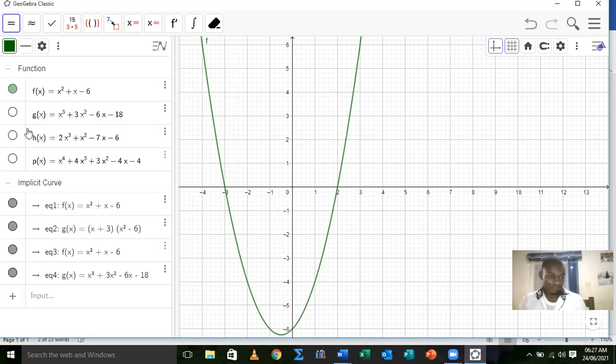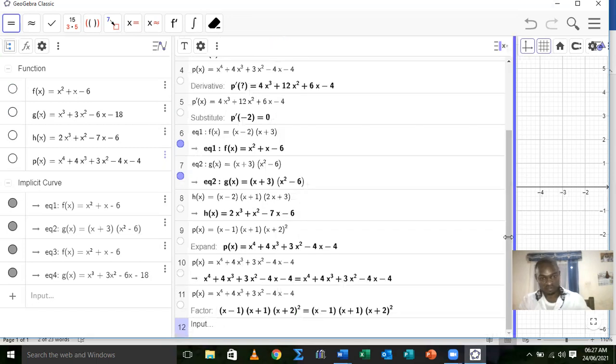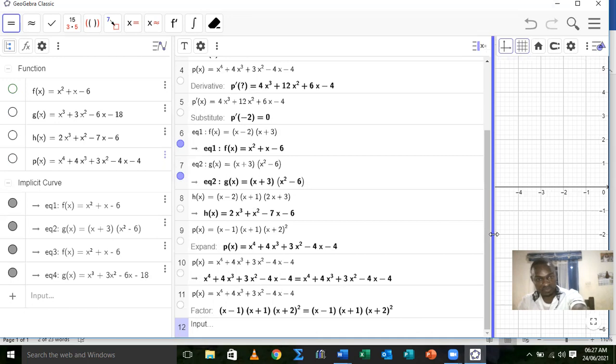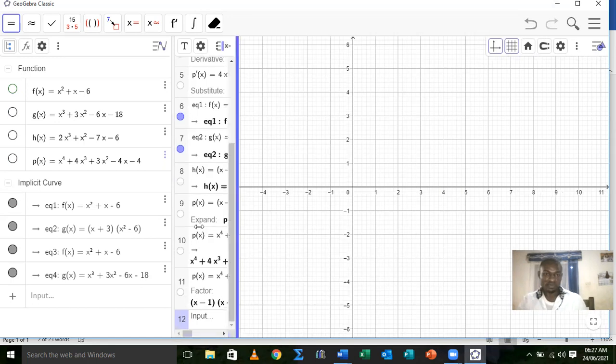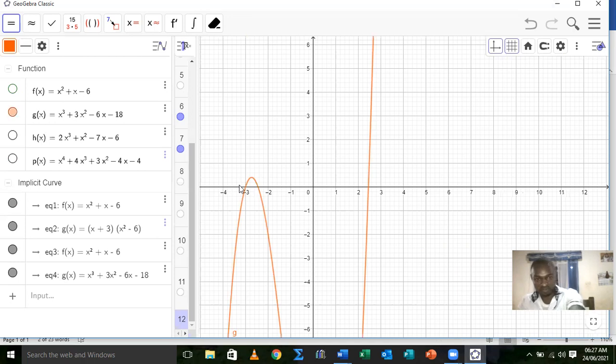Okay, now, in the second graph, g of x, which is a cubic polynomial, if I seek this for us to see the factors, this one shows that there is a root at -3. Okay. If I click there, -3, you see the root.